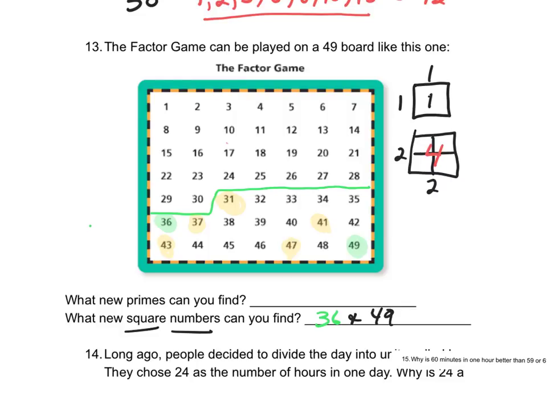And the new primes were 31, 37, 41, 43, and 47. Moving along.